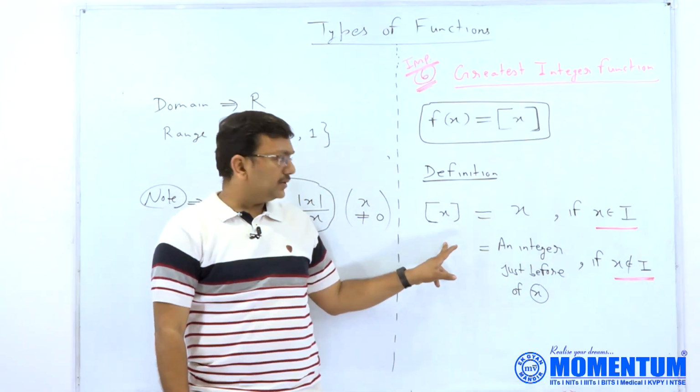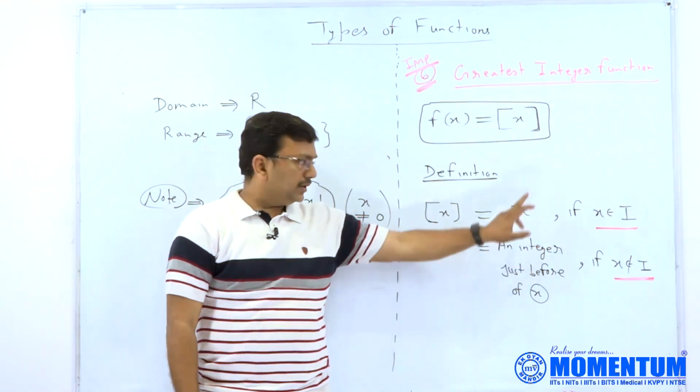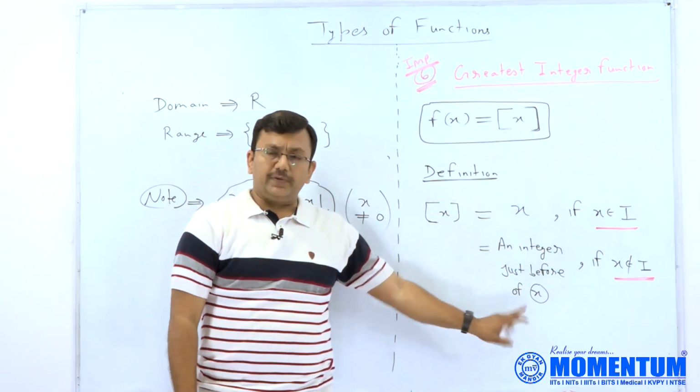Square bracket x is x, an integer just before of x.